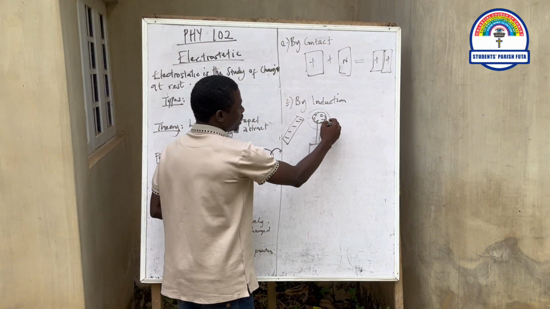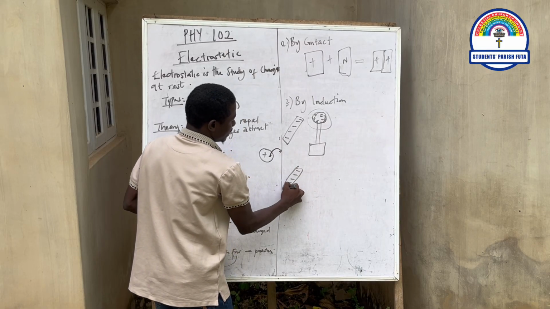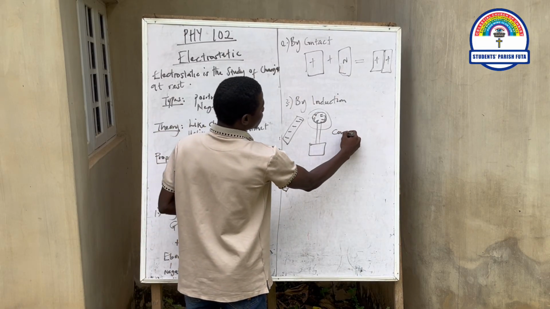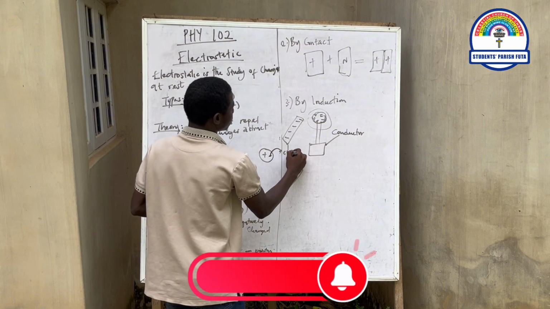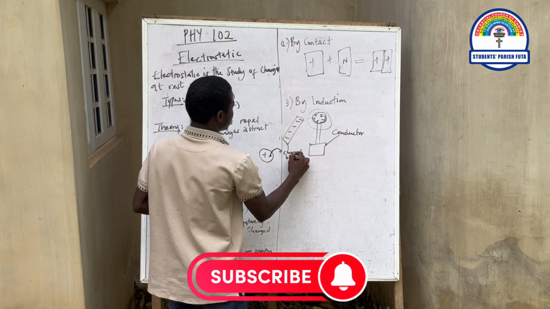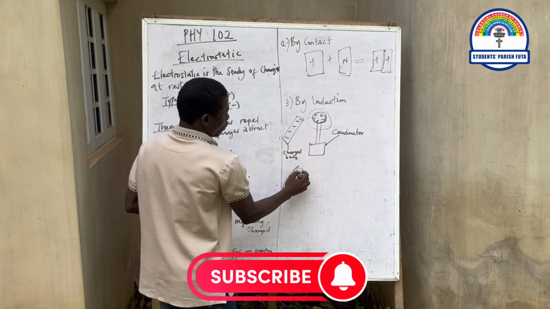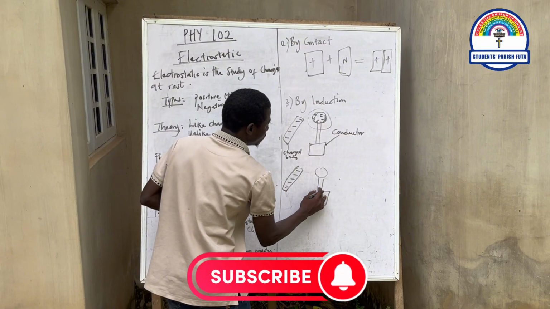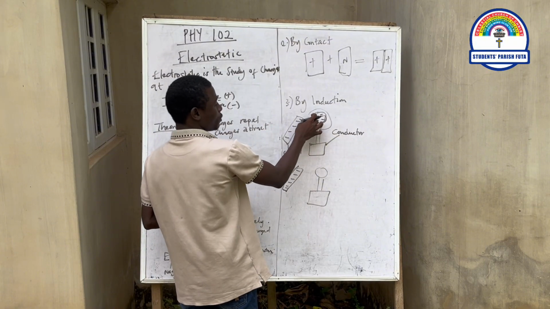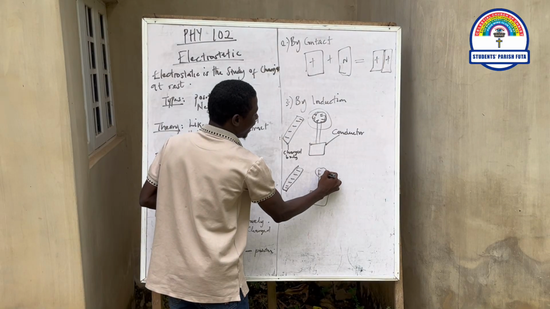So this is the process. You bring the charged body near the conductor. This is the conductor, and this is the charged body. When you bring it near, the charges are already distributed in it, positive and negative. Then you earth the body.